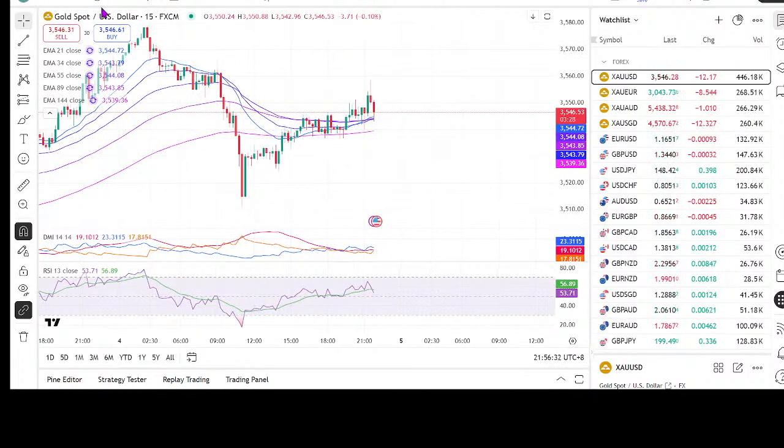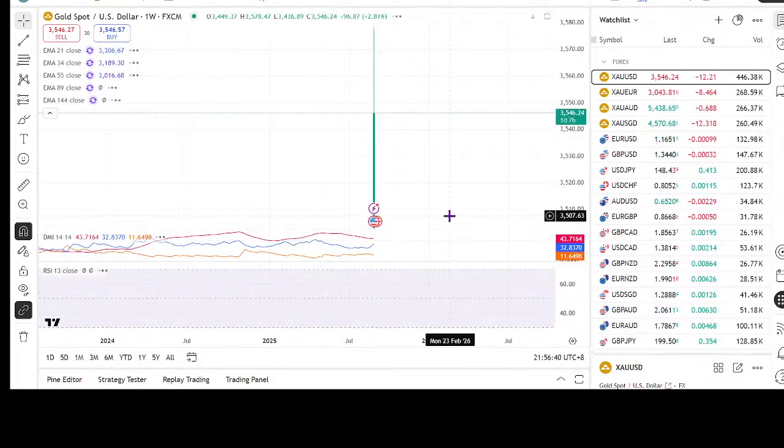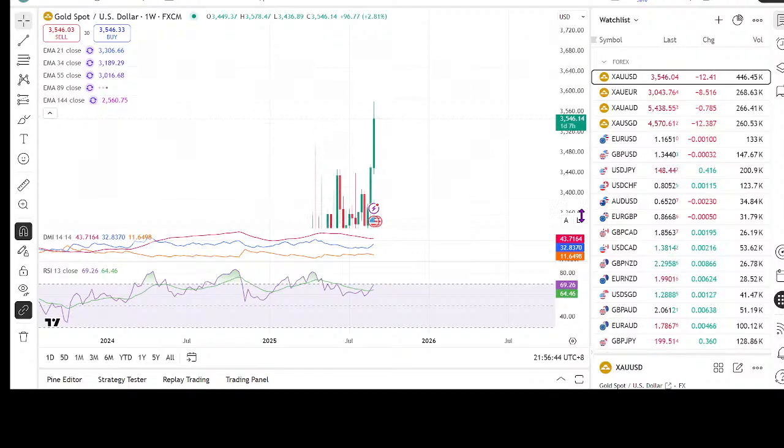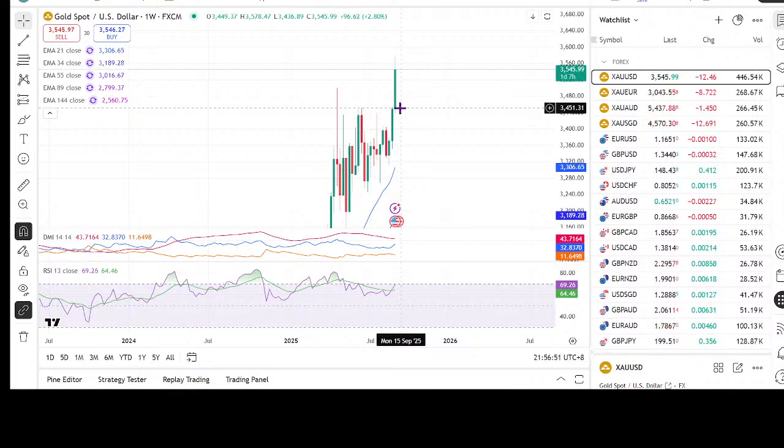So now, let me discuss one more time for those of you who have just joined. Basically you see here, the weekly trend has been a multi-year high.